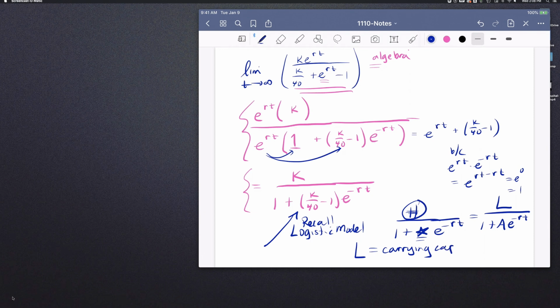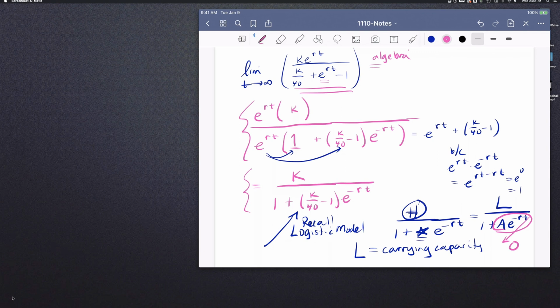This is the carrying capacity of the population, and this makes sense because as t gets larger and larger, e to the negative rt is going to get smaller and smaller and go to 0. No L'Hopital's rule needed, right? So the algebra helped us out of this problem.